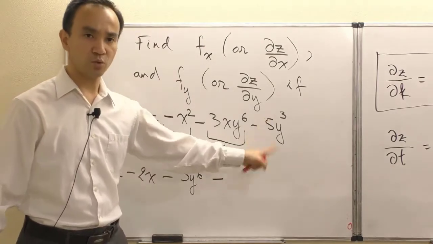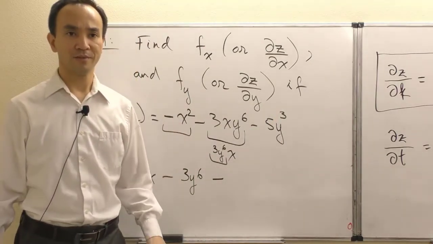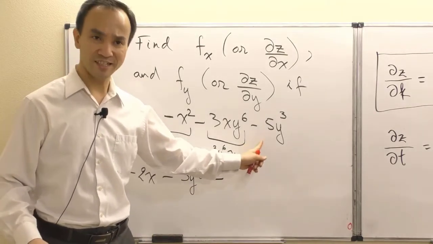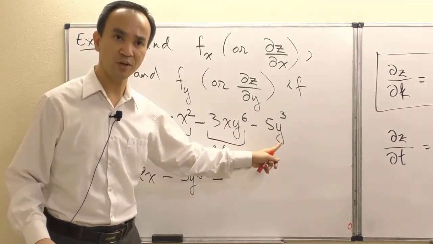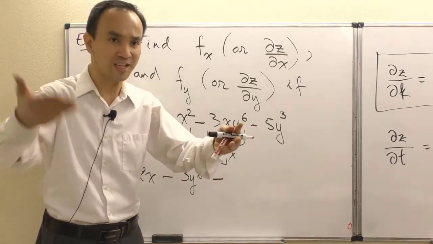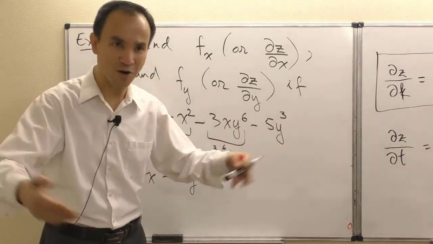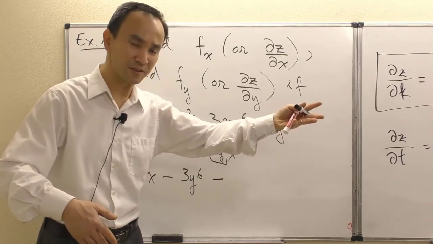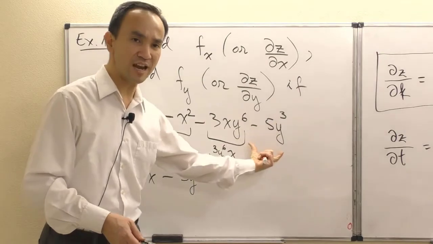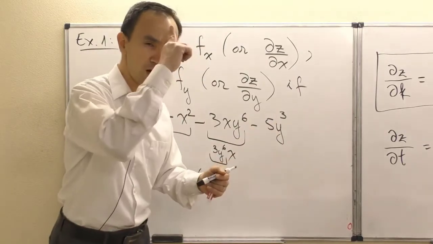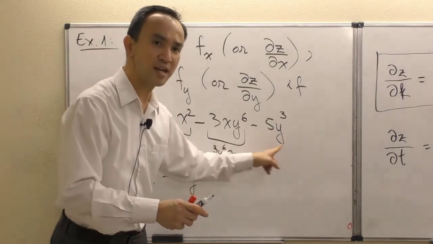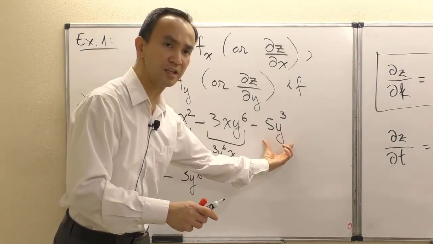The next term is one term, and there's no x. So if there's no x, what do we do with a case like that? We see this as a constant, like plus 5, and take the derivative of a constant, 0. Plus 10, take the derivative of a constant, 0. So minus 5y cubed, but our mind now focuses only on x as the variable. Since there's no x involved here, this term is a constant.